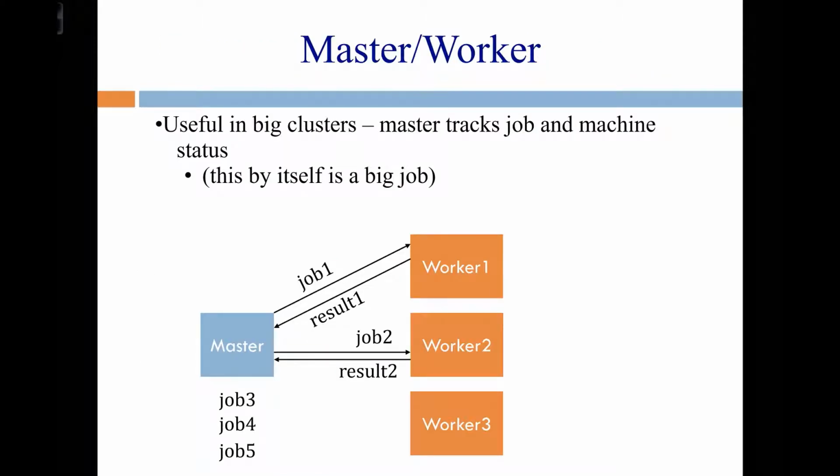And one of the models we looked at was where instead of the workers asking for work, you have this one machine that is primarily responsible for assigning tasks, tracking who the workers are, what is their progress, and that by itself is a big job when you're talking about 2,000 machines and 200,000 jobs.